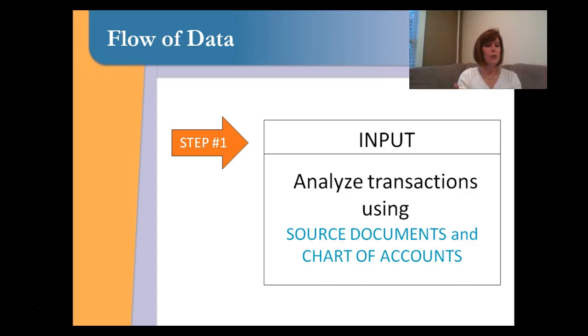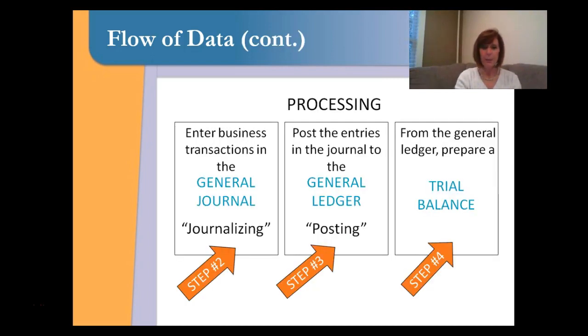And then we're going to look at that source document, look at our chart of accounts, and figure out which accounts on our chart of accounts are impacted by this source document. And so we will then enter the transaction in the general journal, which is journalizing, and then it will get posted to the general ledger.